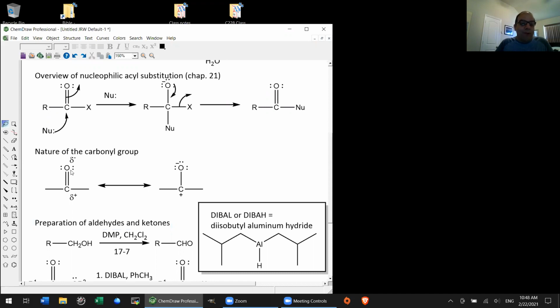First of all, we know that oxygen is a good deal more electronegative than carbon is. So no wonder that carbon is susceptible to attack by a nucleophile. It already has a partial plus charge on it, just due to the oxygen winning the electron tug of war in the bond between oxygen and carbon.